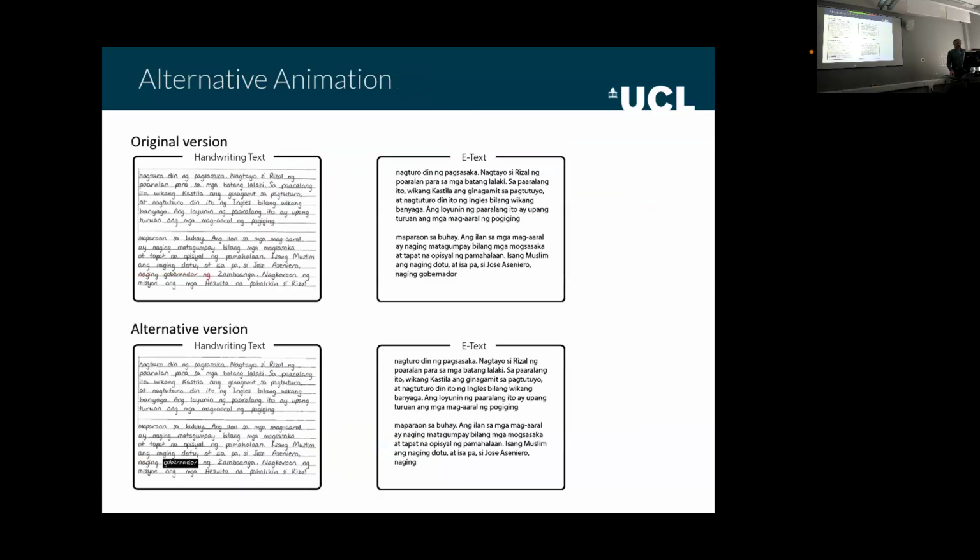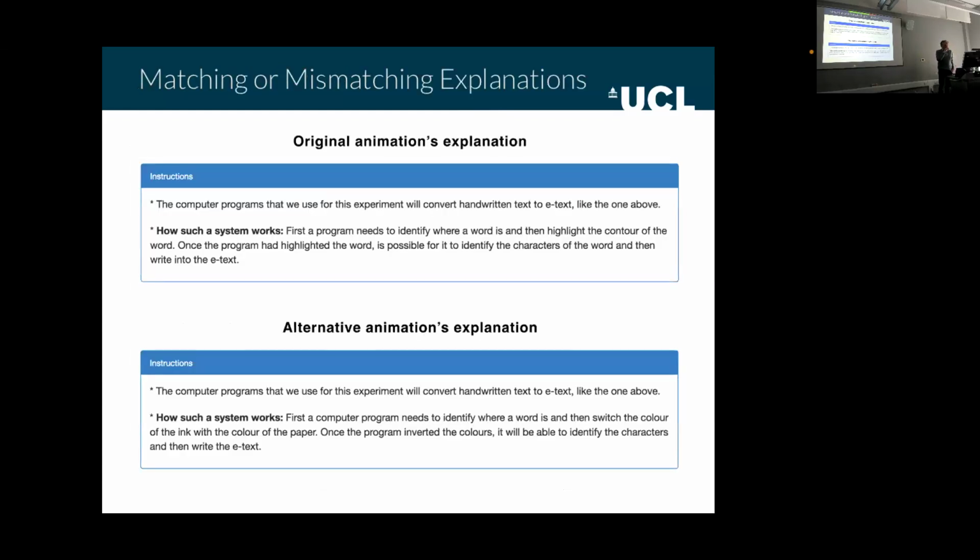So we did another follow-up to double check what was going on there. We created an alternative animation, which you can see at the bottom of the screen. Instead of highlighting the word like before, we box it and we invert the color. Then we did a study where we created an explanation, or really a description, of how the system works. And so we had two animations and two descriptions.